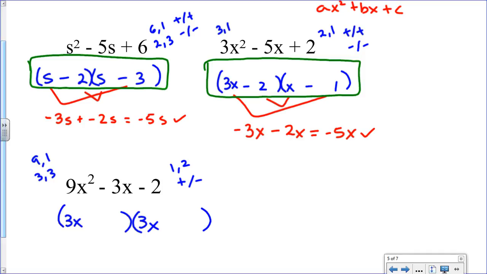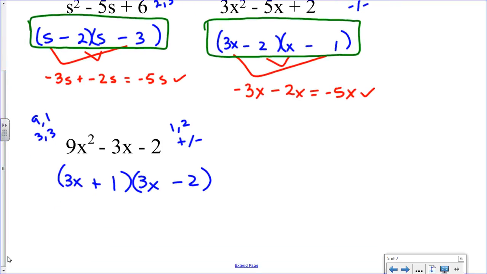Okay, so let's just give it a shot. Plus 1 minus 2. Sometimes you get lucky and you guess it right on the first time. So that's negative 6x plus 3x gives me negative 3x.